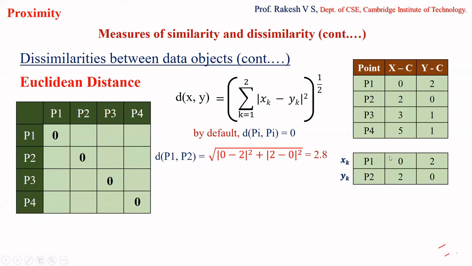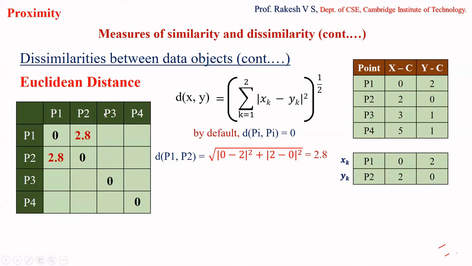When I say P1, P2 is 2.8, obviously because of the symmetric property, P2, P1 will also be equal to 2.8. So when I tabulate 2.8, I can write it on either side of the principal diagonal. P1, P2 is 2.8, and P2, P1 is also 2.8.